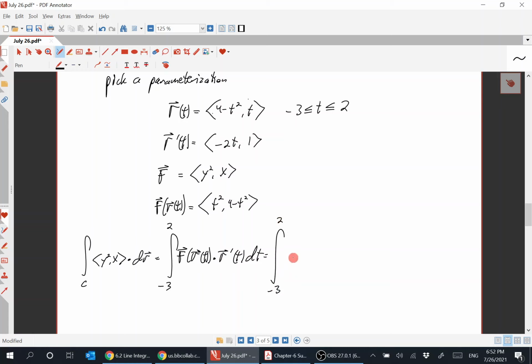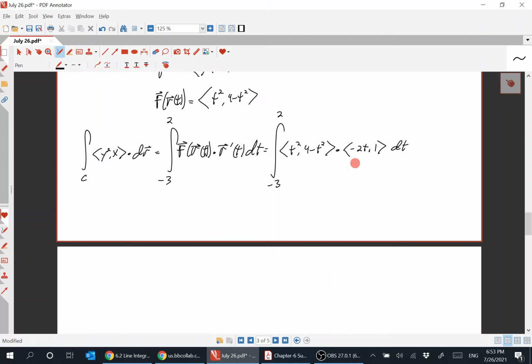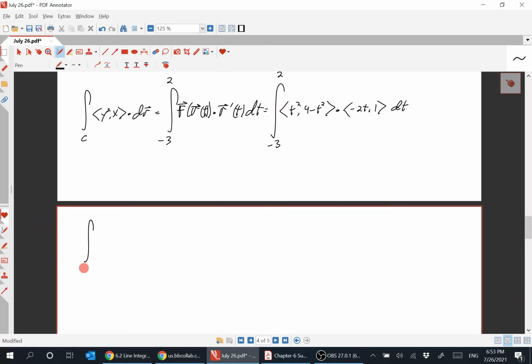So minus 3 to 2. f of r of t is t squared comma 4 minus t squared, dot r prime of t, minus 2t comma 1, dt. Evaluate the dot product, and it reduces to a scalar function.